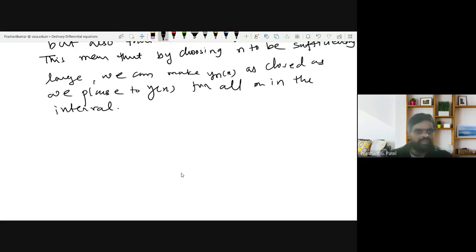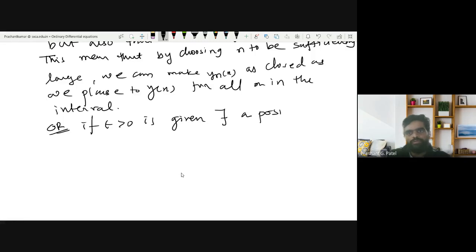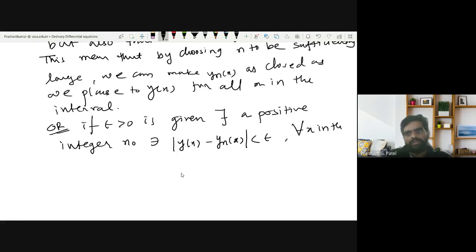So more precisely, if epsilon greater than 0 is given, there exists a positive integer n0 such that mod of y of x minus yn of x is less than epsilon for every x in that interval and for every n greater than or equal to n0.